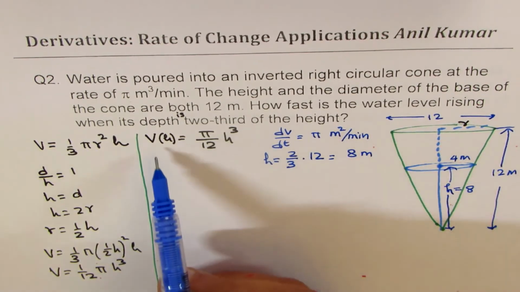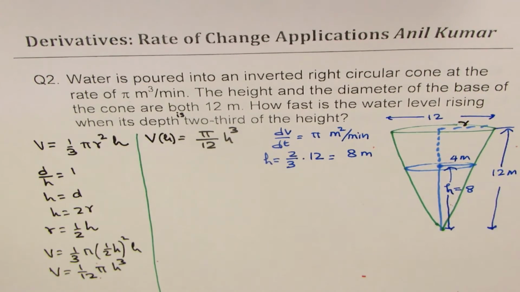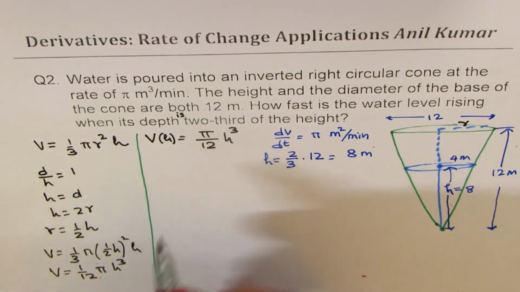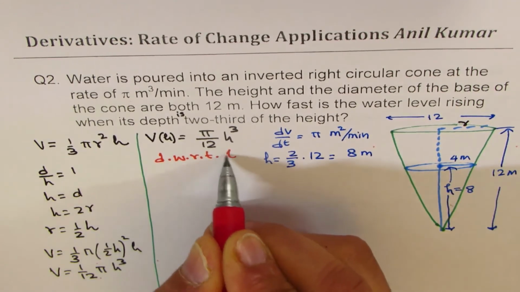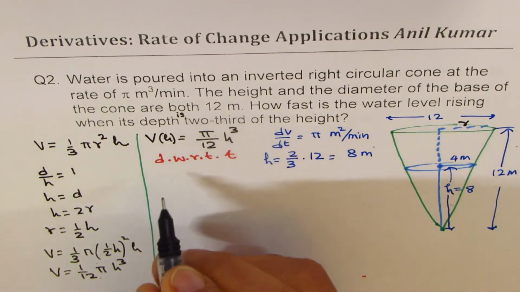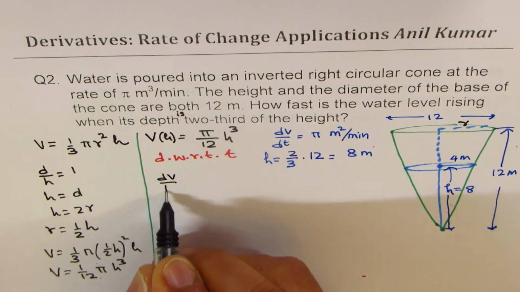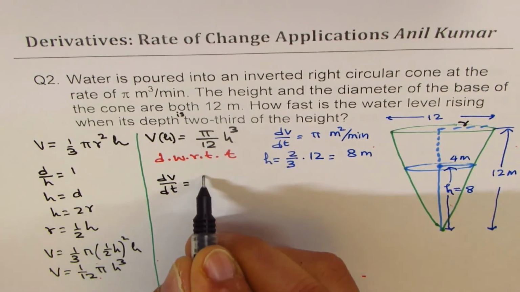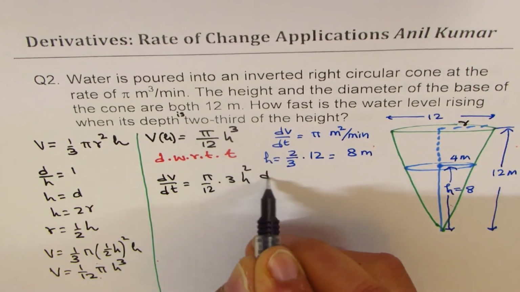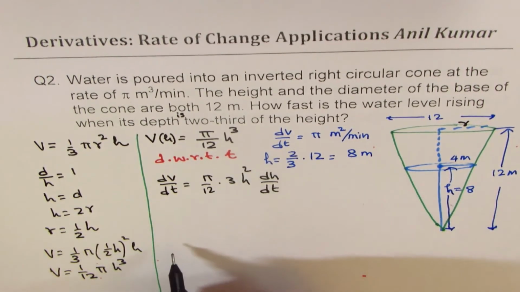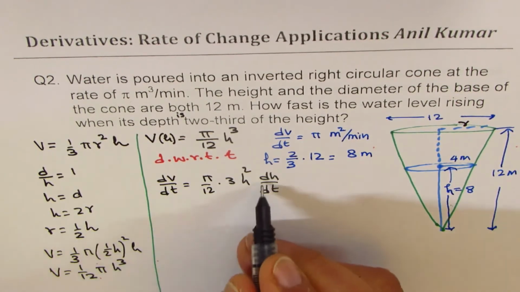So now we can find the rate of change of volume and height with respect to time. So that means differentiate with respect to time. So we get dV dt equals pi by 12 times 3 h square dh dt. Correct? Isolate dh dt.